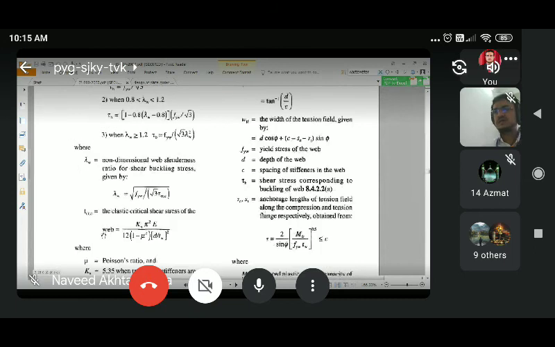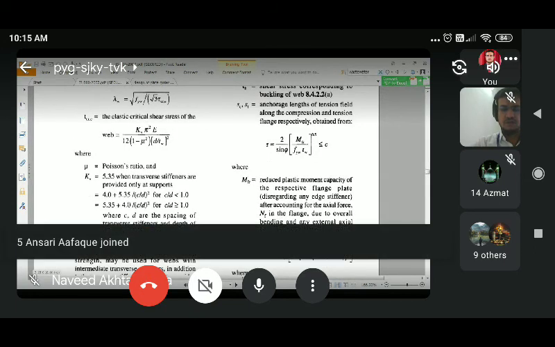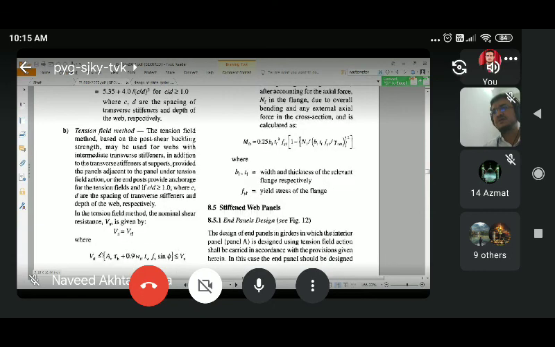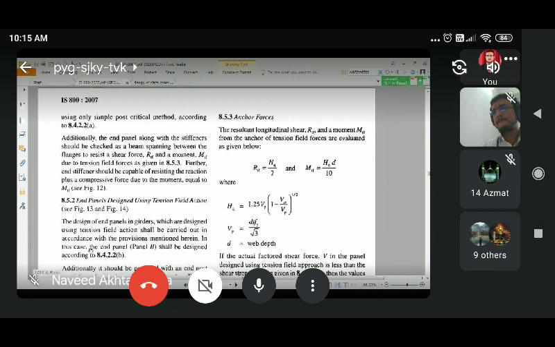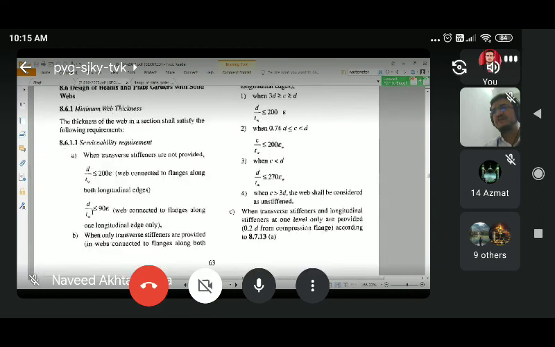Here we can see the plate girder minimum web thickness serviceability requirement. When only transverse stiffeners are provided, the D by TW ratio should be less than or equal to 200 epsilon, with the web connected to the flange along both longitudinal edges.